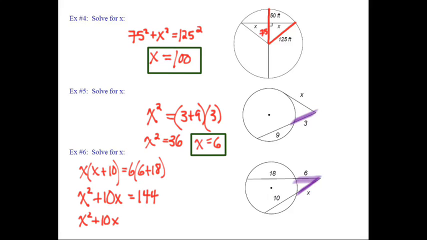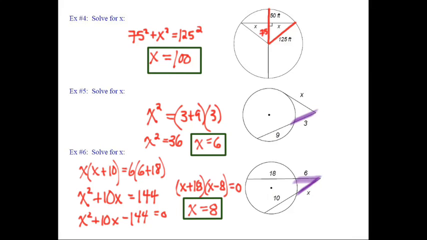Now I have to hope that this factors. I bring everything over and set it equal to 0, and I try to factor it. Works out to factor as x plus 18 and x minus 8. The two solutions to that are negative 18 and 8. Only one of them makes sense. You can't have a negative value for x here. So we throw out one of them and we get x equals 8, and that's our final solution.